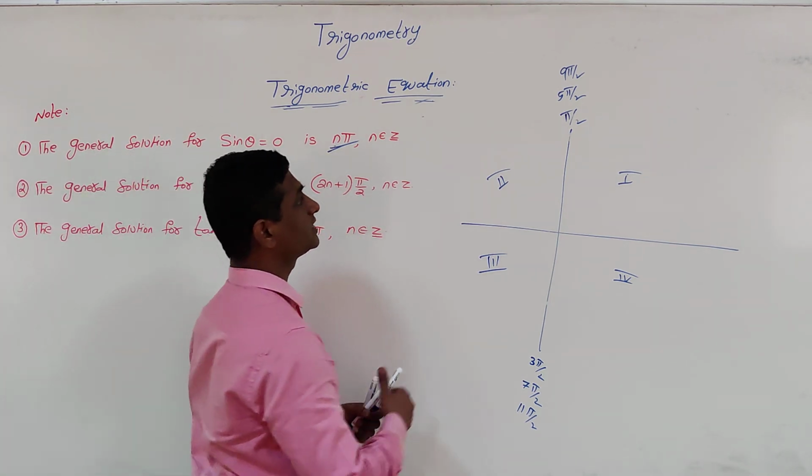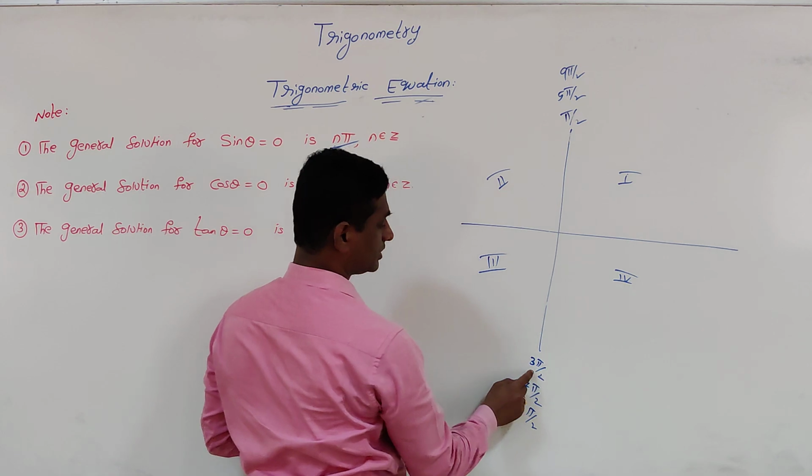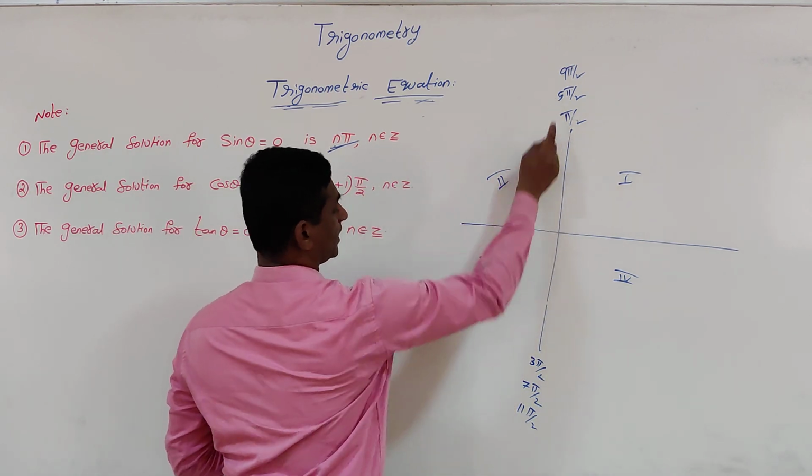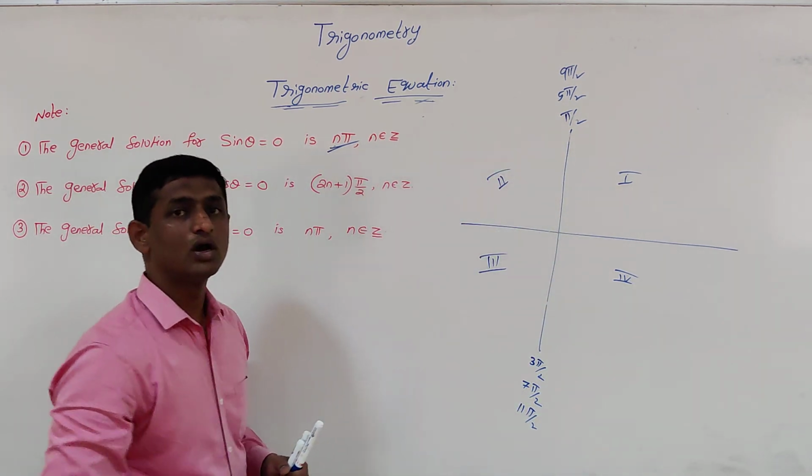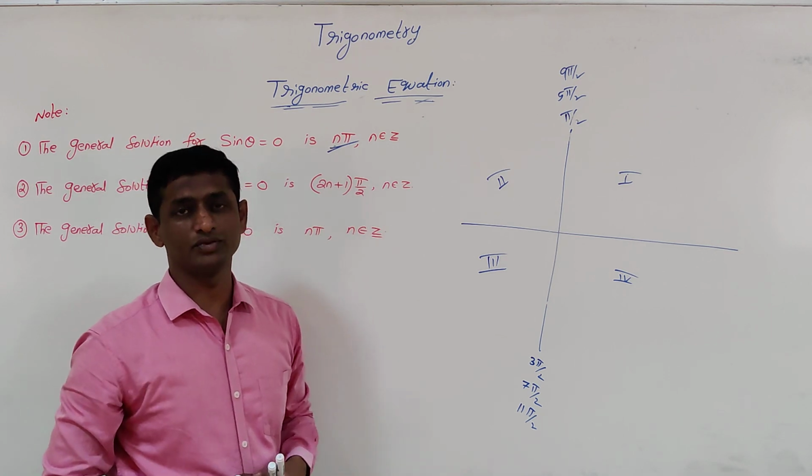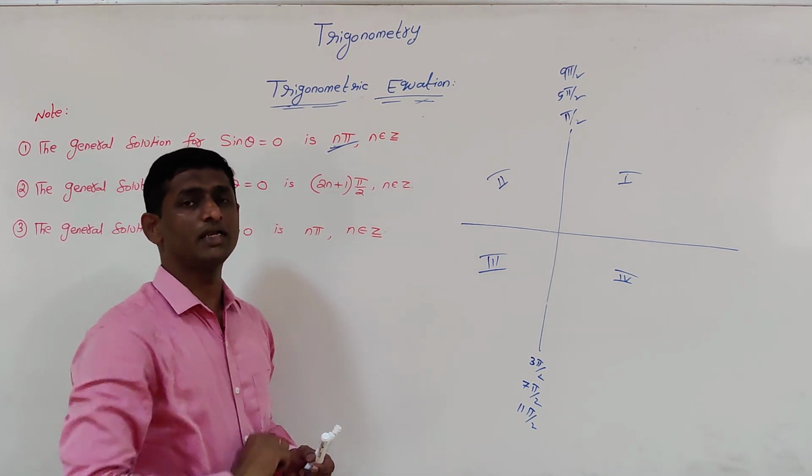But what are these angles, pi by 2 with 1, 3, 5, 7, 9, 11? They are odd multiples of pi by 2 if you rotate in the anti-clockwise direction.